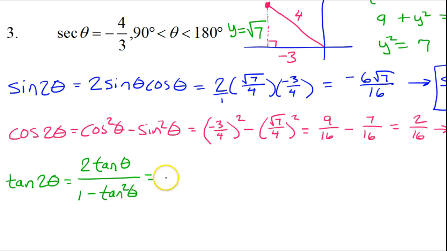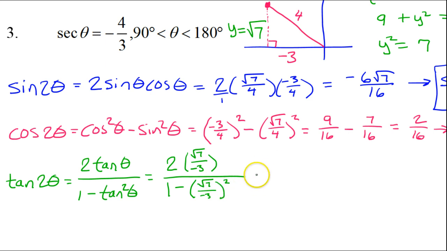Alright, here we go. So I'm going to have 2 times tangent, and tangent is y over x. So this is going to be radical 7 over negative 3. And then I have 1 minus tangent squared. So that's 1 minus, and again I have this radical 7 over negative 3 squared.